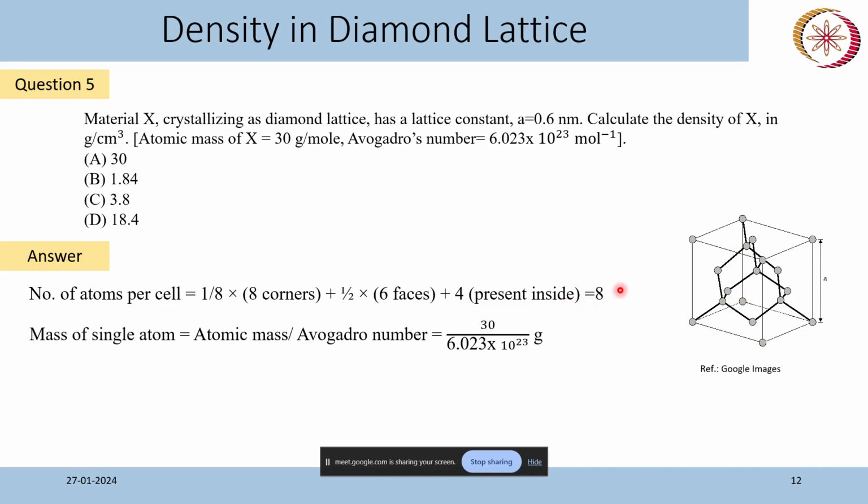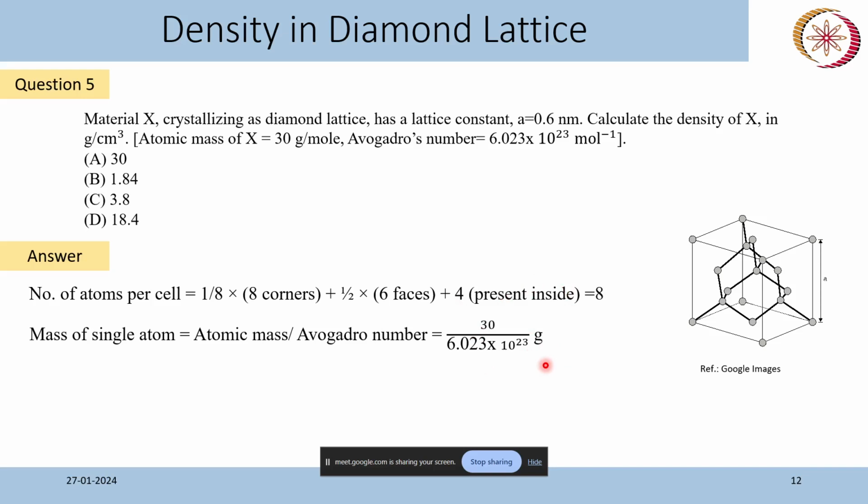Then we should know the mass of a single atom, because there are 8 atoms, and for density we should also consider volume, and to calculate volume the lattice constant A is given. So first, mass of single atom can be calculated using this formula. The mass of the material and Avogadro's number are given, so you can use this formula.